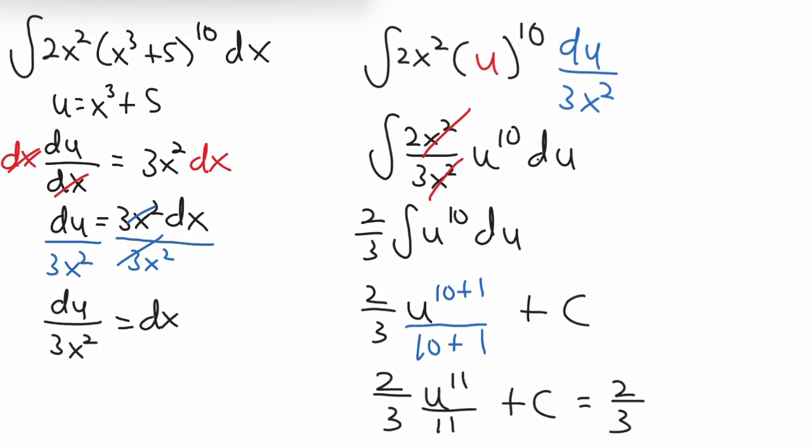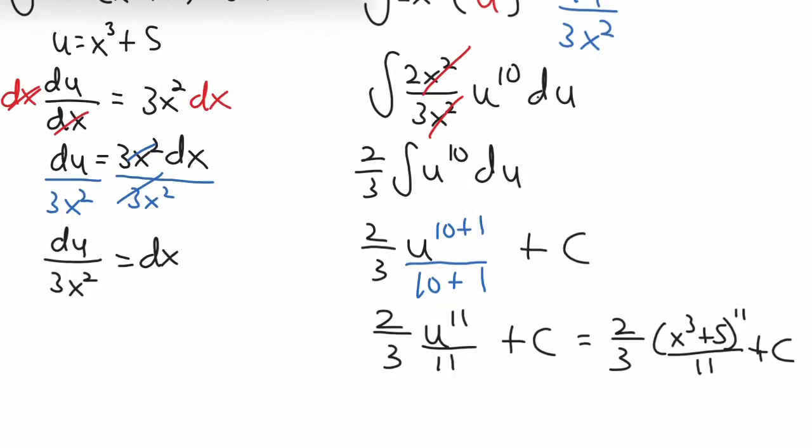Our u is actually x cubed plus 5. We can multiply the 3 by the 11, so you're just going to have 2 times (x cubed plus 5) to the 11th, all over 33, plus a constant.